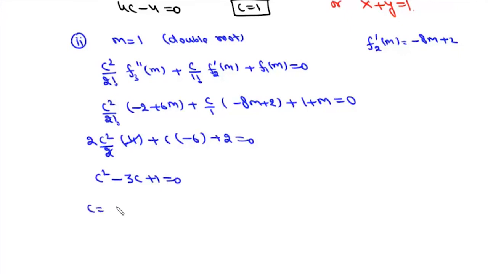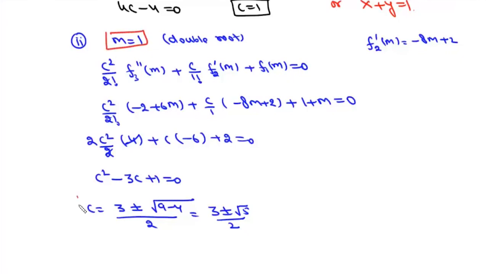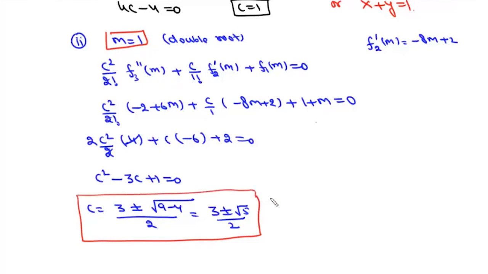So from here we'll get the value of c as minus b plus minus root of b square minus 4ac upon 2a, which is 3 plus minus under root 5 by 2. So when the value of m is 1, we have two values of c, 3 plus under root 5 by 2 and 3 minus under root 5 by 2.